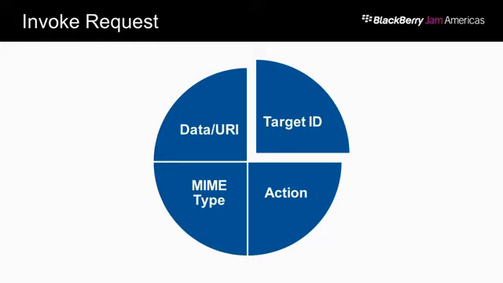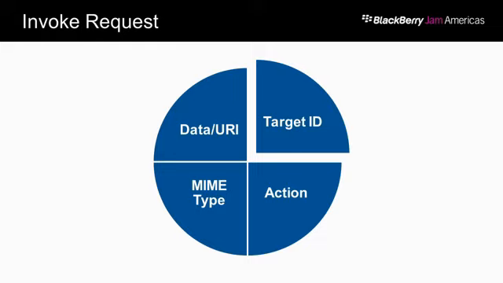So if it's larger than that, it's much safer to put it in the file system somewhere, or it could be on the web somewhere over HTTP. You just specify the URI that points to the data of this invocation request. And all of these play a role in the brokering stage of the invocation.